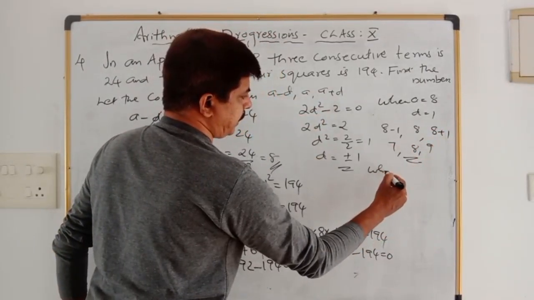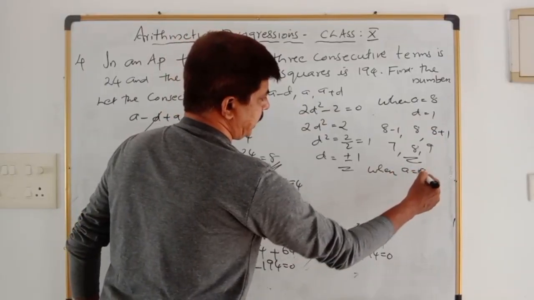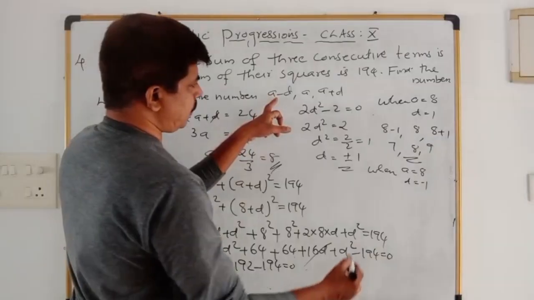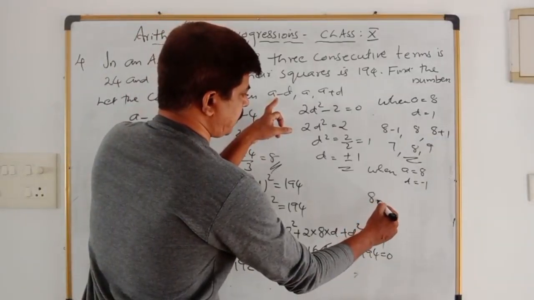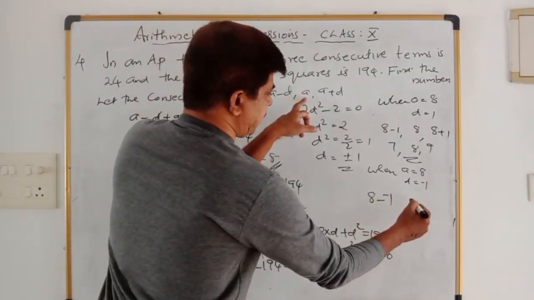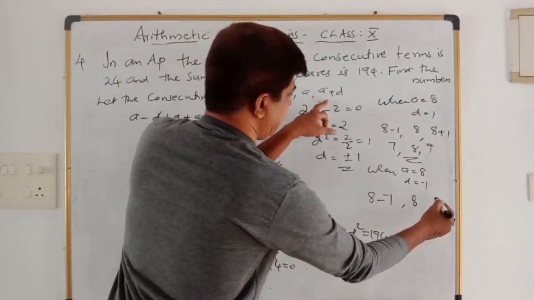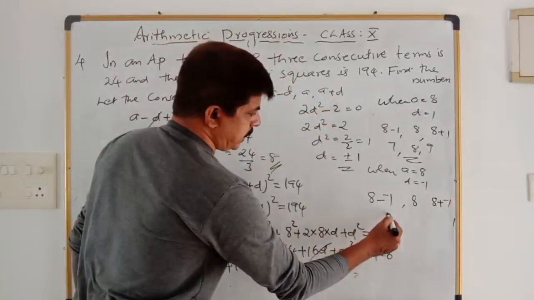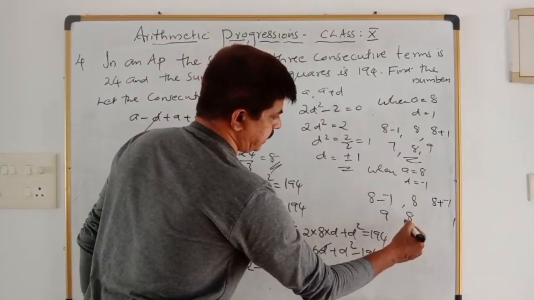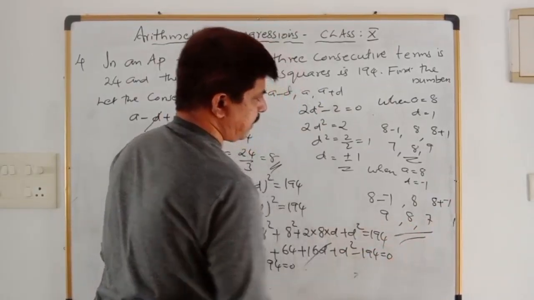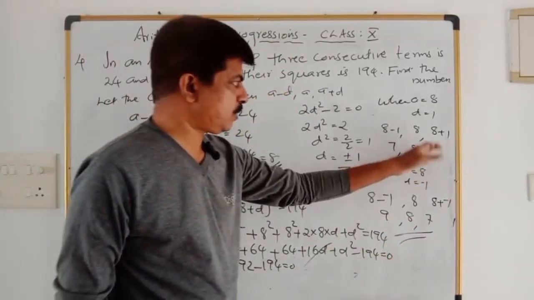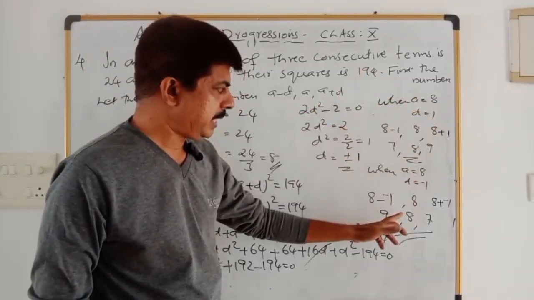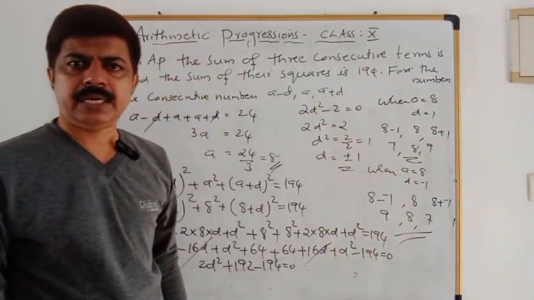Again, when A is 8 and D is negative 1, we can form another AP: 8 minus minus 1, 8, 8 plus minus 1, so 9, 8, 7. From this A and D we can form two APs, 7, 8, 9 or 9, 8, 7. Is it clear?